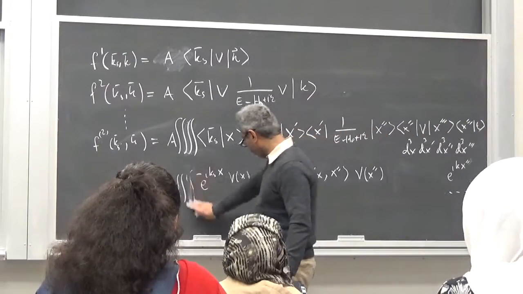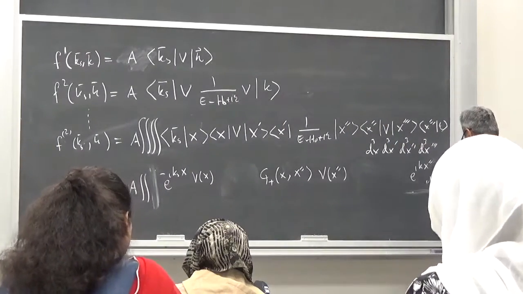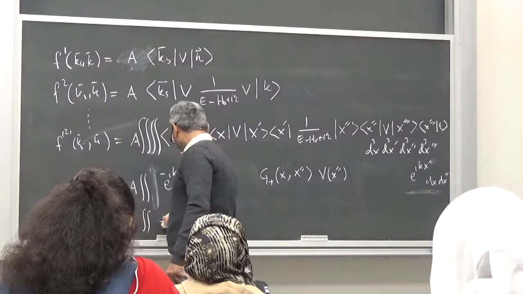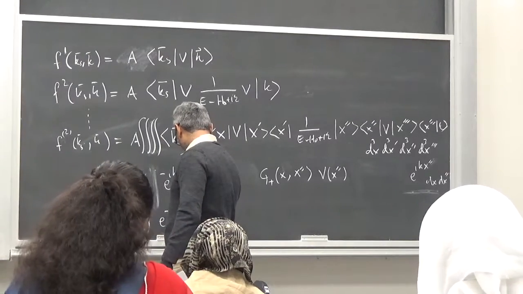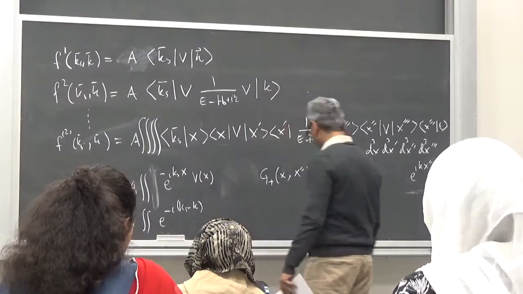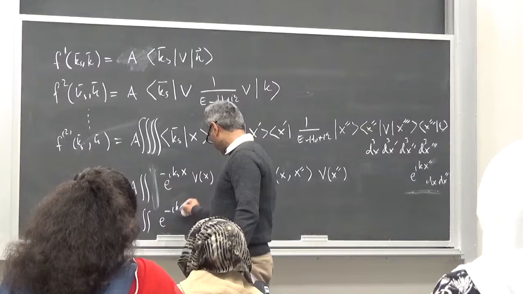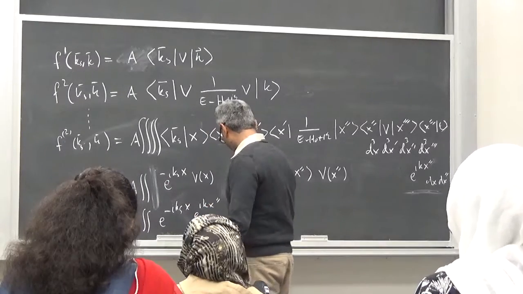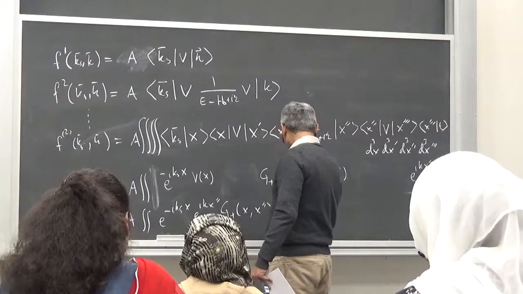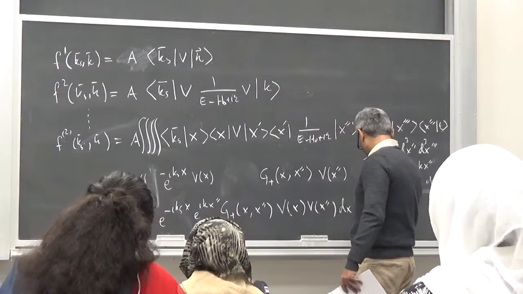So there are these two of these left, and you have dx and dx double prime. And so this is an integral e to the minus I ks minus k. Oh no, that's not right. It's minus ksx e to the I kx double prime and g plus x x double prime v of x double prime dx dx.